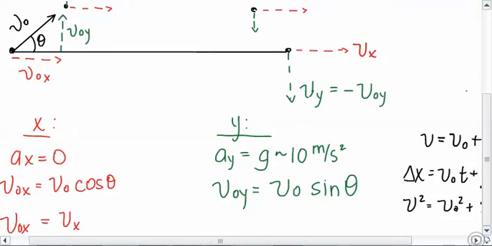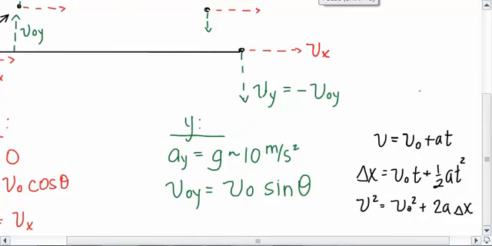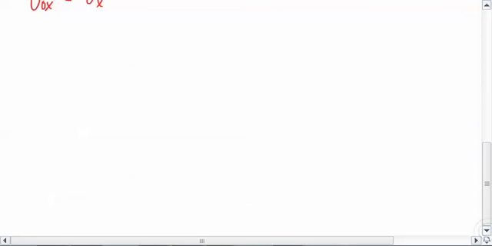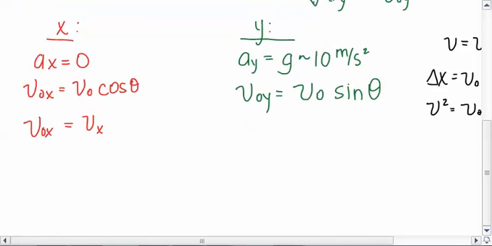All right, let's look at the second one here. So when I write the delta x equation for just the x direction all by itself, I'll get delta x equals v naught x t plus 1/2 at squared, which is 0, so just stop there.